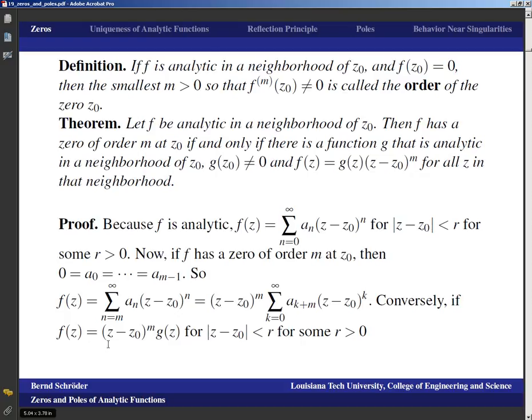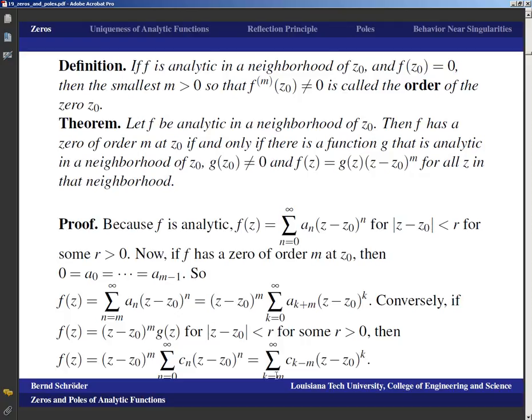And that thing then is g. Conversely, if f of z is z minus z0 to the m times g of z, for z minus z0 smaller than r, and g being analytic with g of z0 not equal 0, well then f of z is equal to z minus z0 to the m times the power series expansion of g, which I give coefficients c n, where c0 is not equal to 0.